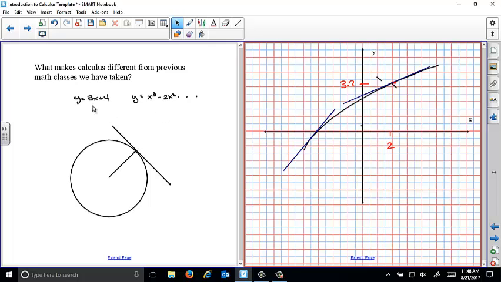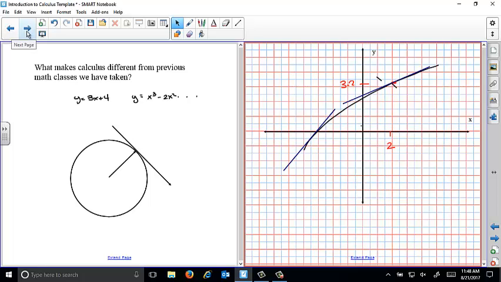So for example, this line has a slope of 3 because it's in the form y equals mx plus b. This is the y-intercept. Now here, when you have a curve, the slope changes, but there is something you can do to this equation and find out what the slope of the tangent line is at any value of x. So that's the concept of derivatives.